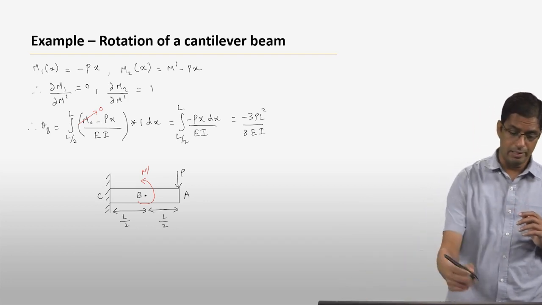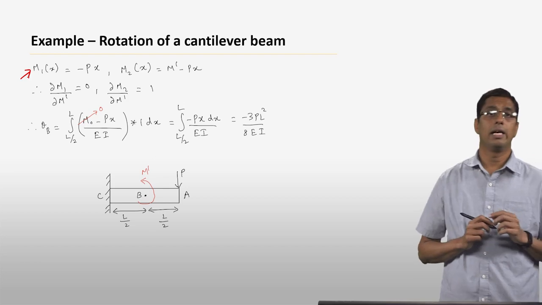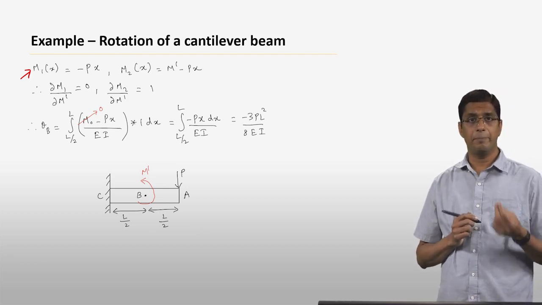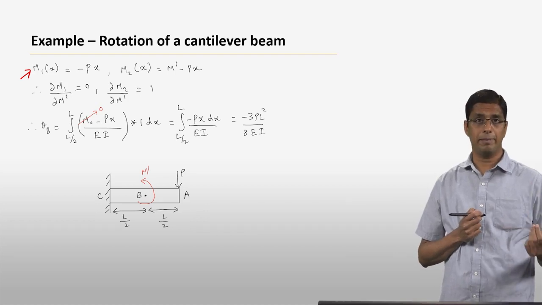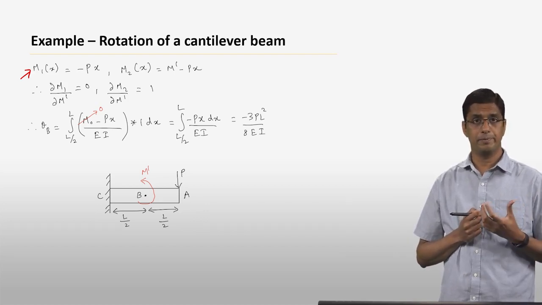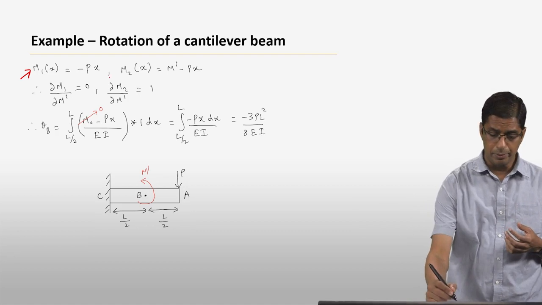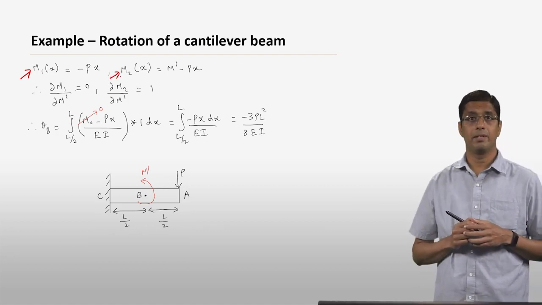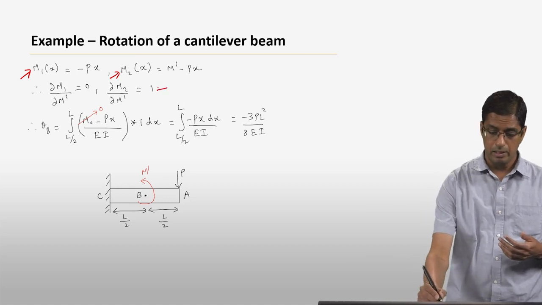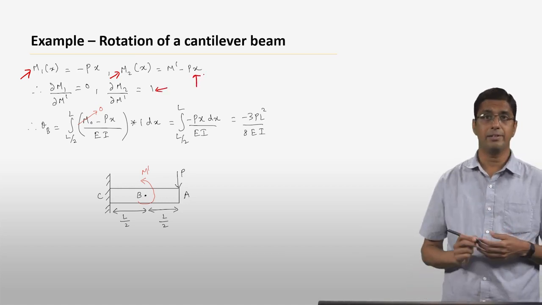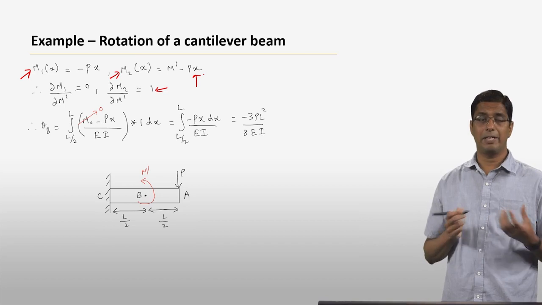If you think about this M1 here, it does not depend on M prime at all. So if you take the derivative of M1 with respect to M prime, the derivative is going to be equal to 0. On the other hand, M2 depends on M prime, but dM2 by dM prime is just going to be 1. This function here, Px, does not have an M prime term.